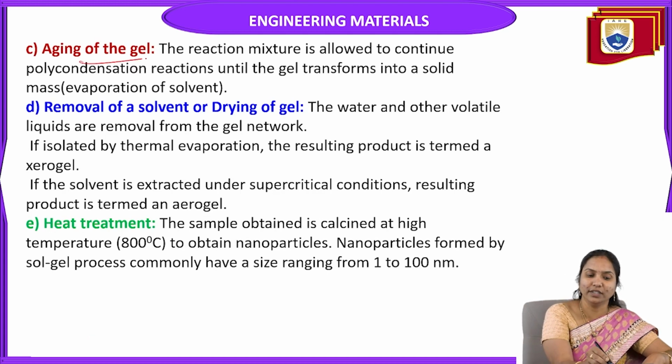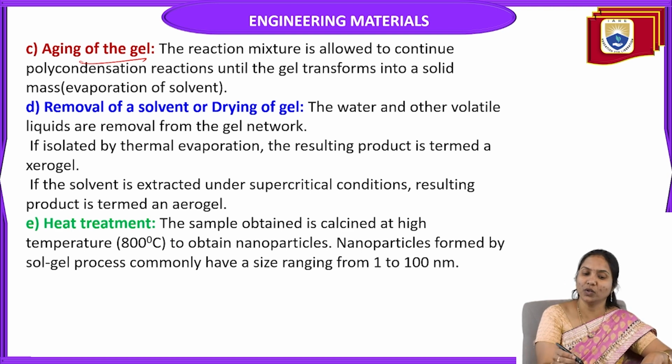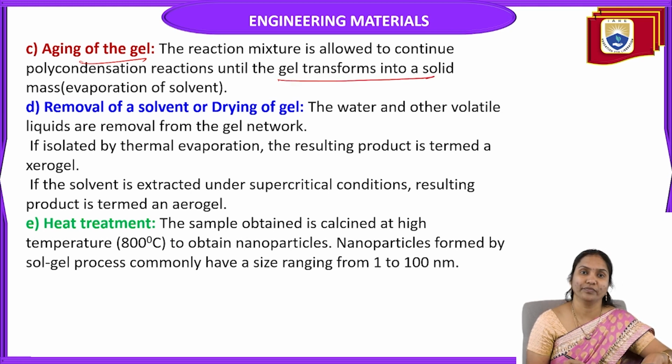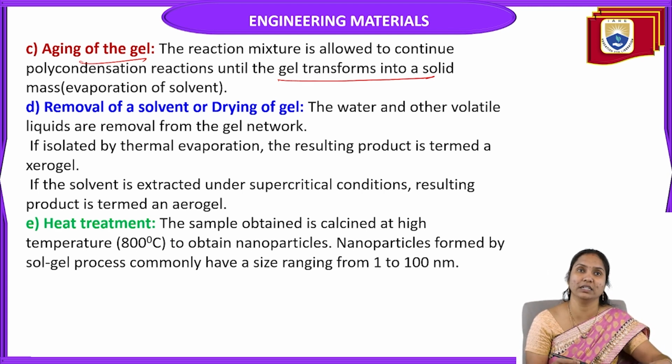Aging of the gel means the reaction mixture is allowed to continue polycondensation reactions until the gel transforms into a solid mass. The thickness increases more, that means evaporation of solvent. This is called aging of the gel.